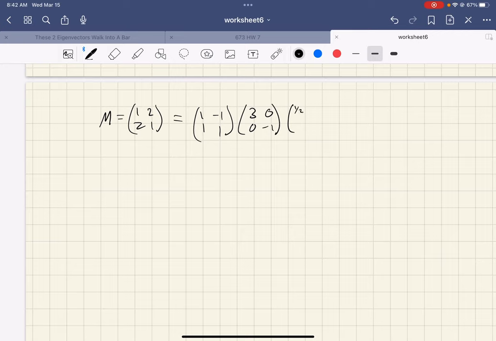So 1/2, minus 1/2, 1/2, 1/2, boom. I'm going to call this V, D, V inverse. Now, the whole point of eigenvector decomposition is your original matrix behaves like the diagonal matrix, but not with respect to i hat and j hat. It's with respect to the first eigenvector and second eigenvector.